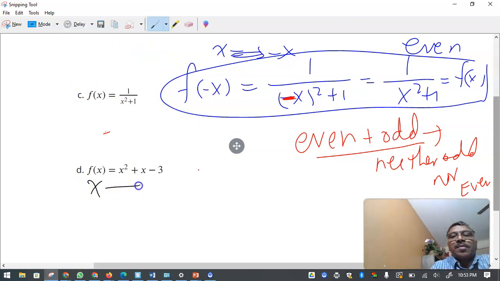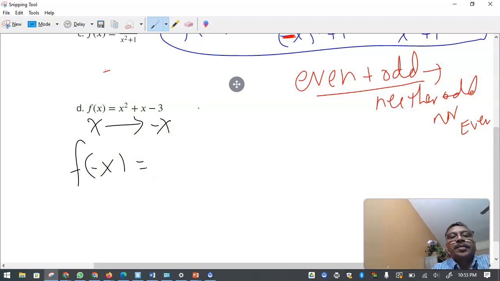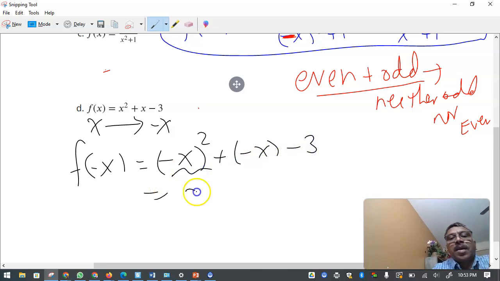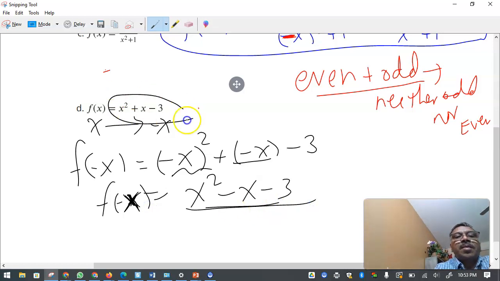minus x. f of minus x equals minus x squared plus minus x and minus 3. Now this will be x squared, this will be minus x, and this is minus 3. You can see this expression is not the same as f of x, right?